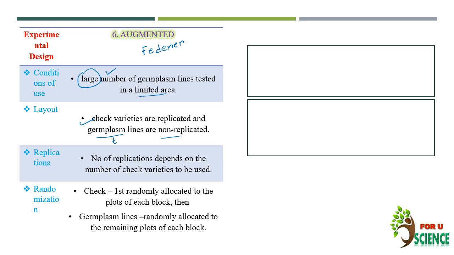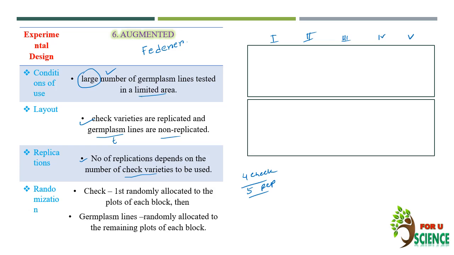The number of replications will depend on the number of check varieties. Suppose there are 4 check varieties, and we will use a minimum of 5 replications for them, replication 1, 2, 3, 4 and 5.